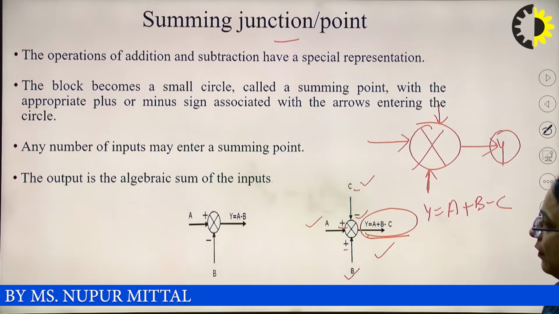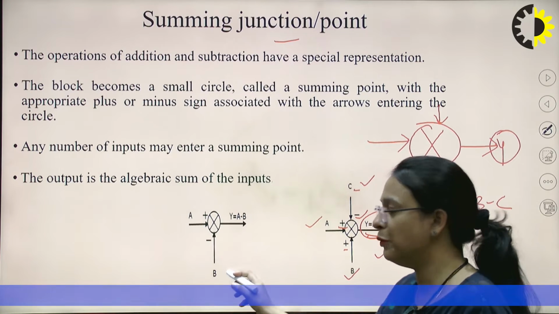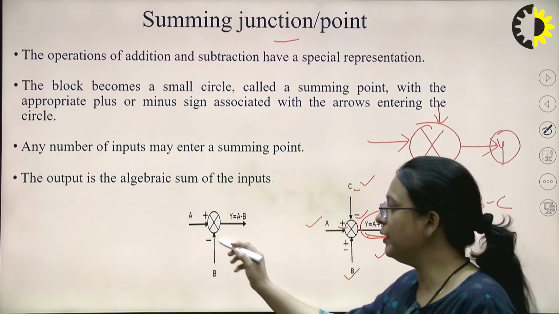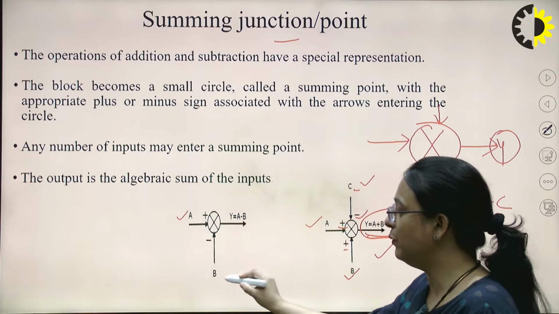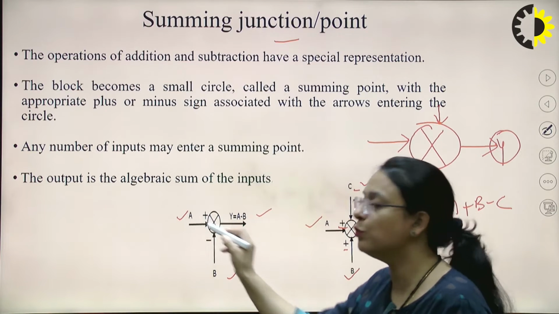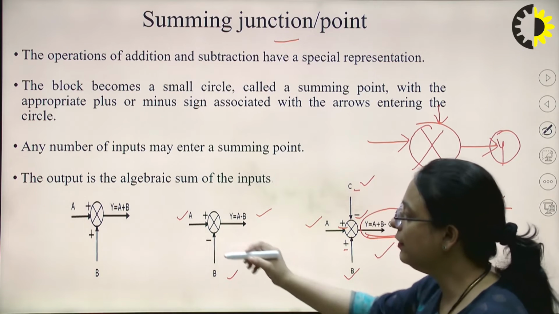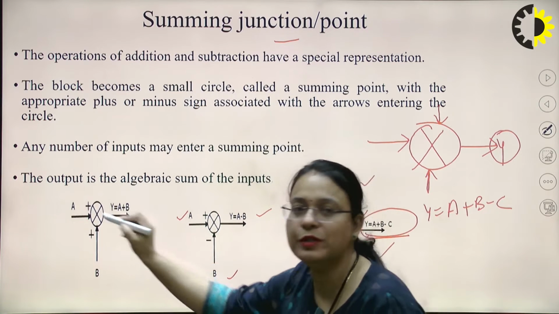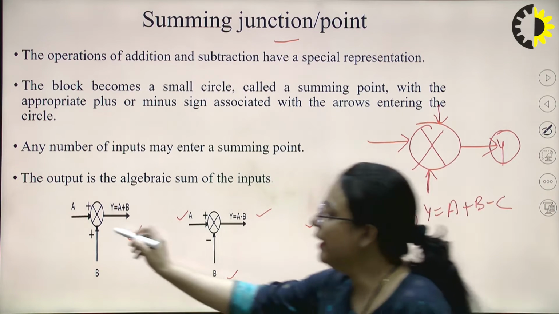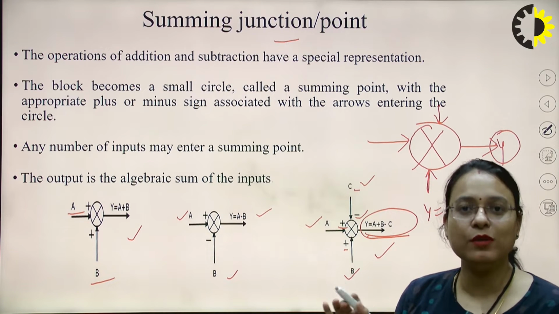Okay, this is another figure. Here you can see we have two inputs applied to this summing point, A with the positive polarity and B with the negative polarity. So output will be the difference of these two input signals, A minus B, right? In the third case, you can see we have two inputs A and B. A and B both are with the same polarity, that is the positive polarity.